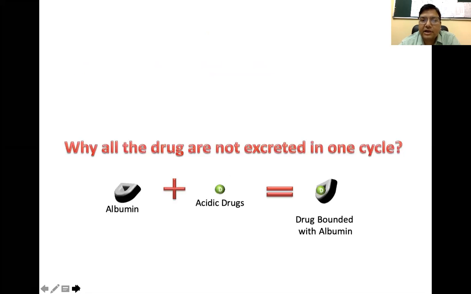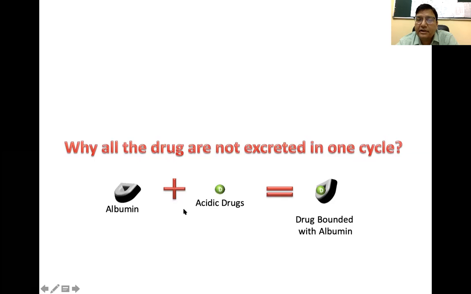Why are all drugs not excreted in one cycle? When I was talking about tubular secretion, I said that if a drug is bound to plasma proteins, then it is not filtered through glomerular filtration. So the drug will last for a longer duration in the plasma, and this binding will facilitate only tubular secretion, but glomerular filtration is not there.